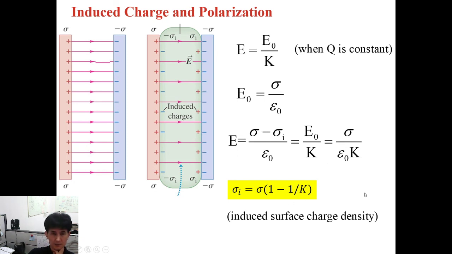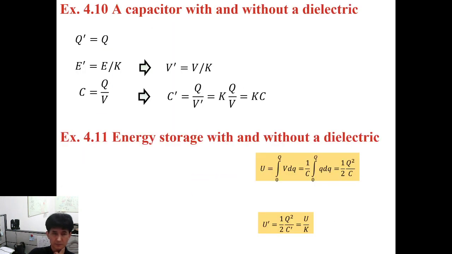So this is another example related with capacitor. With or without the dielectric medium, Q prime, the charge with the dielectric medium, is same as Q. Electric field is reduced to electric field over K. K is about 100 in a good dielectric medium.